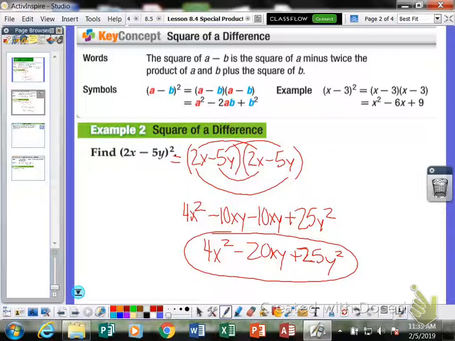So we have a negative 5y and a negative 5y in both of these sets of parentheses. When we multiply two negatives together, we get a positive. That's why we have a positive 25y squared there. So when you're multiplying these, make sure you're carrying the negative with the term, and that the product is positive or negative depending on your signs.